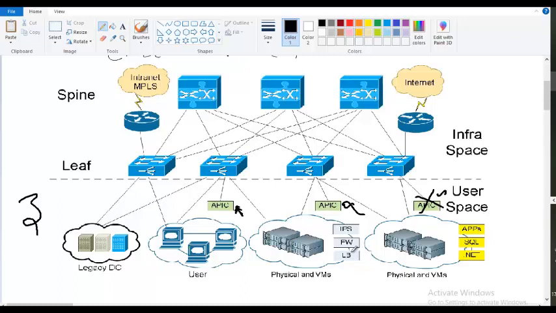Because at any given point of time, 2 copies must be present. 2 copies. If only one APIC is there in a cluster, not possible. See, I told you in the beginning you can even have one APIC to control ACI, but that is one. Initially, you have defined it as one.